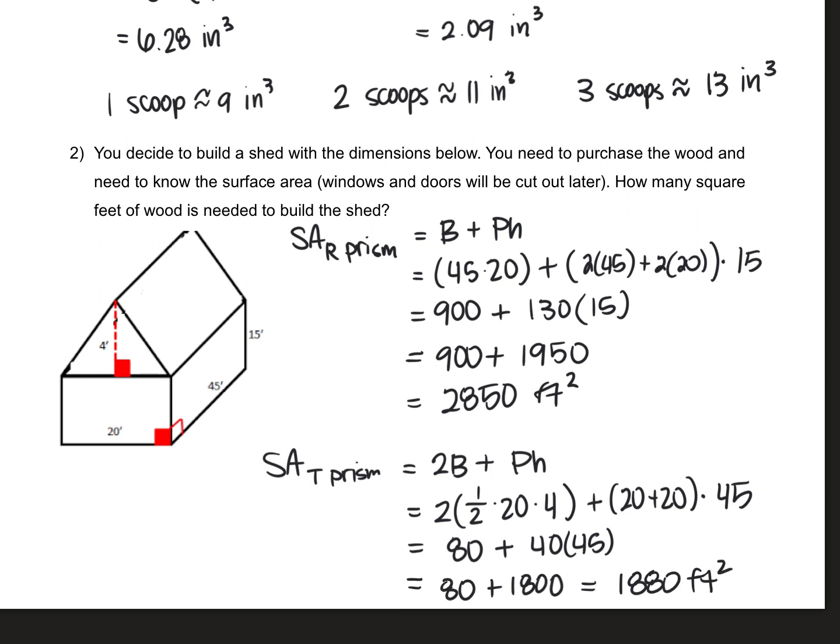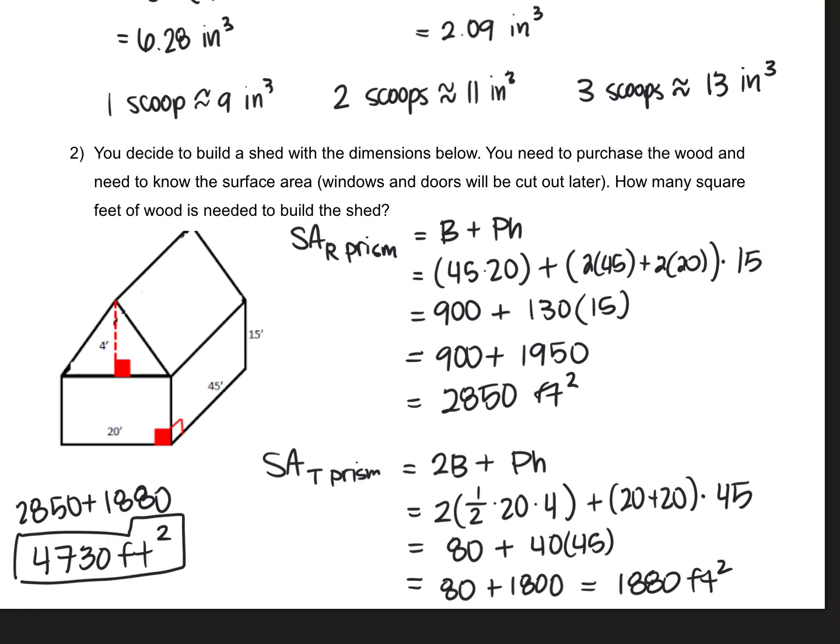So combined, because I need the surface area of the entire shed, 2,850 plus 1,880 is going to give us 4,730 square feet of material. Okay. Let me know if you have any questions about combining 3-dimensional figures.